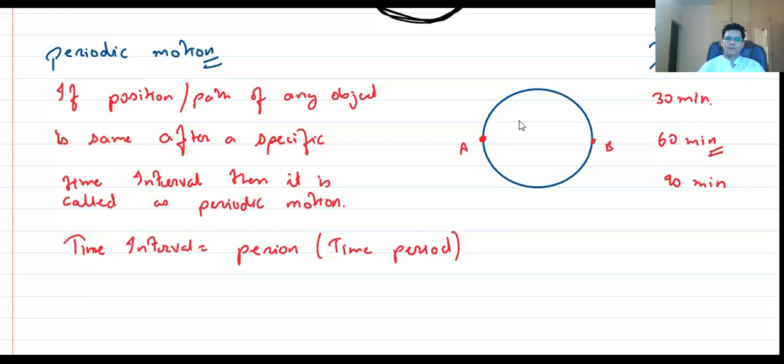Yes, very good. Now, can you give examples of two periodic motions? Swing of pendulum. Yes, very good. Second would be rotation of Earth. Very good.